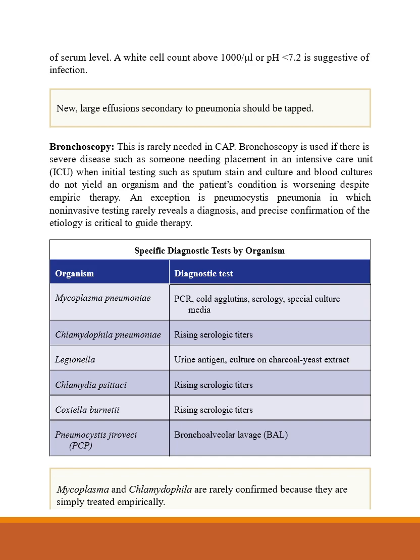If we have a case of Chlamydia psittaci, we will see a rising of the serological titers. If we have Coxiella burnetii, we will also see a rising of the serological titers. If we have a case of PCP, or Pneumocystis jirovecii, we need a bronchoalveolar lavage, or BAL.